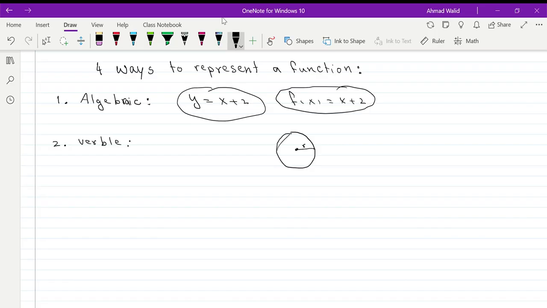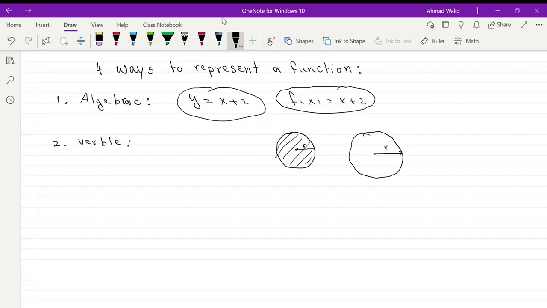Area means this, right? If I have a bigger radius, I get bigger area. If I have a smaller radius, I have a smaller area. Correct?